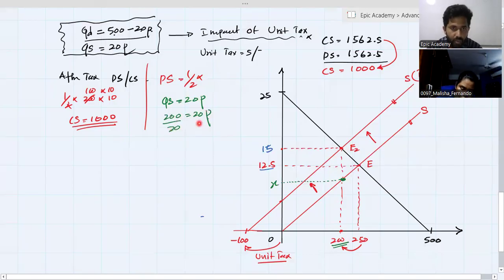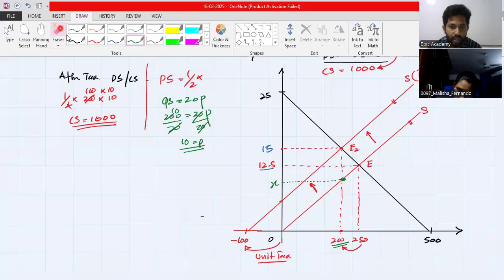Now you can calculate the value for p. It is just 10. Sorry, yes, 10. 10 equals p. So this value must be equal to 10.